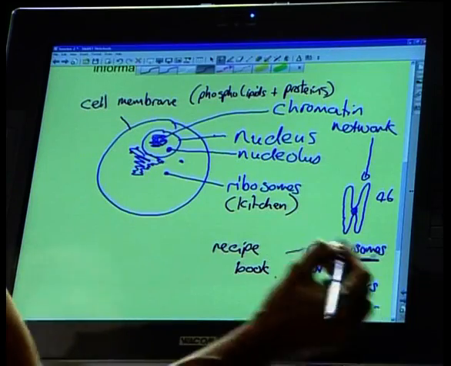Okay, so cells, hormones except the sex hormones, enzymes, and every single antibody we have is made of protein. And the recipe to make all these specific proteins is found in the chromosomes.